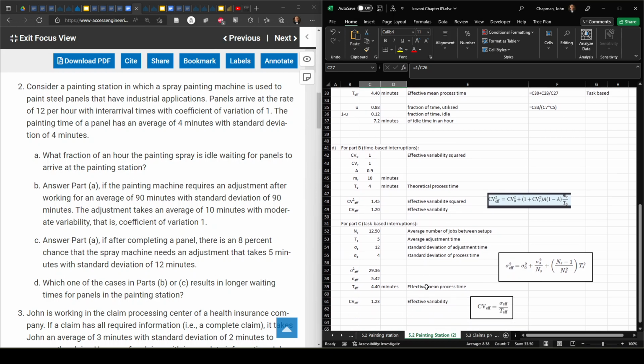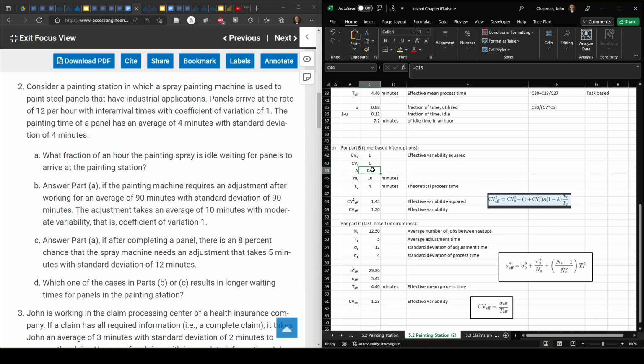Okay, so we are going to calculate the coefficient of variation, the effective variability for both the time-based interruptions and the task-based interruptions. We're going to use this equation for the time-based, and we'll use these two equations for the task-based. So we have the coefficient of variation, the effective variability. We have the effective variability for the repair.